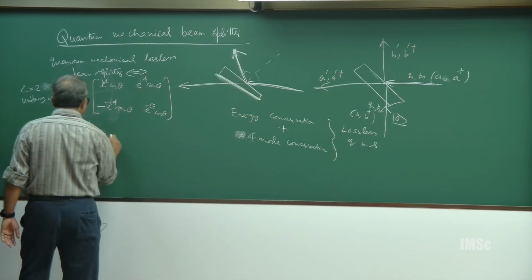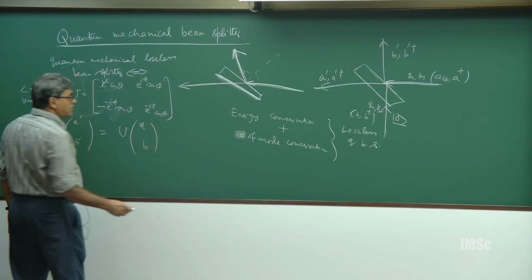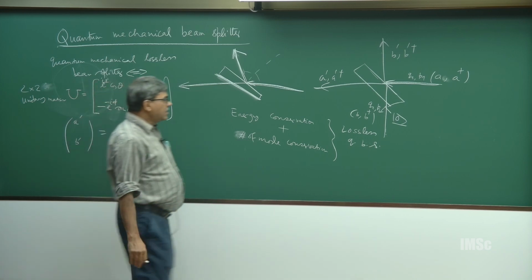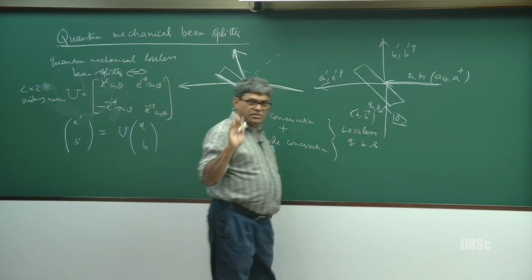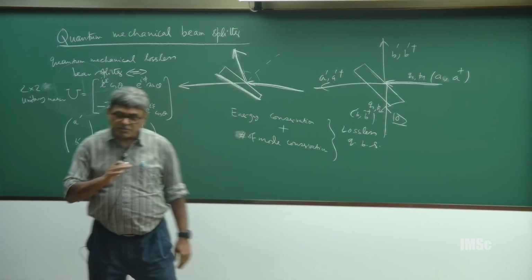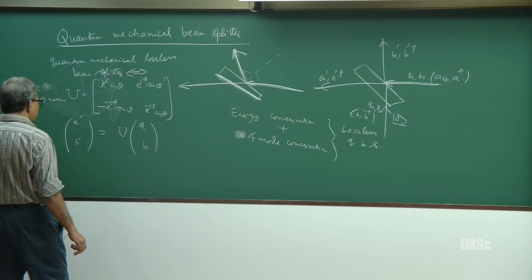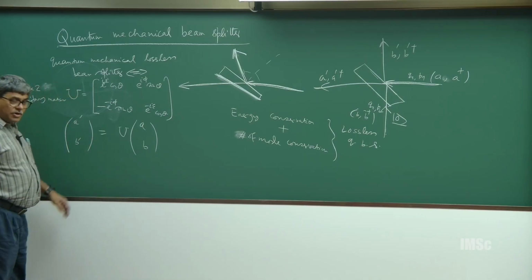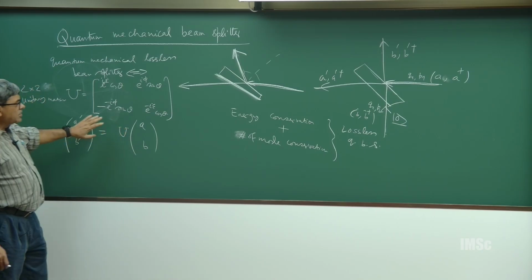Then this will be this unitary acting on A and B. Unfortunately, I could have used these hats, but these are not Hermitian, so you will have to understand it from the context. Okay. Is that clear? So therefore, this is a unitary transformation which acts on the physical space.